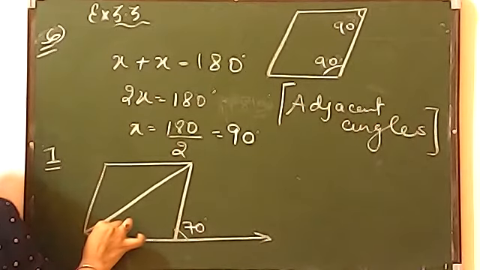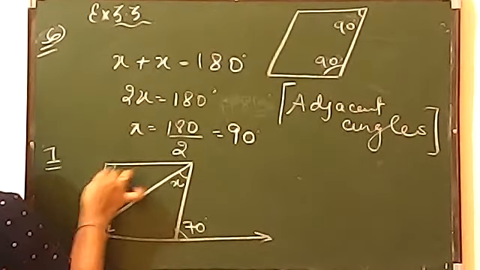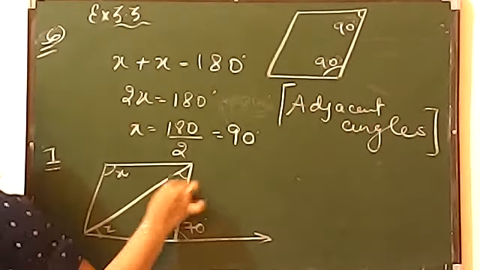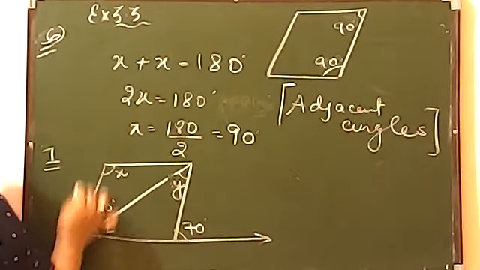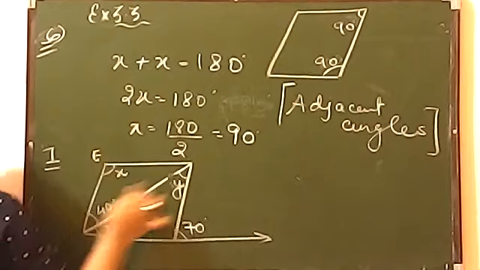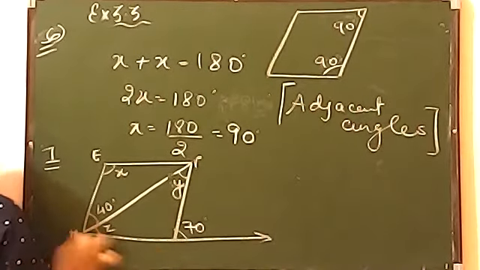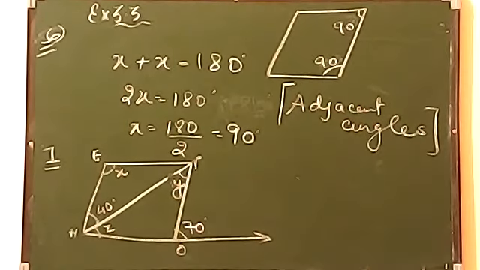This is Z. This is X. This is also X. This is Y, sorry. And this is 40. The names are E, P, H, O.